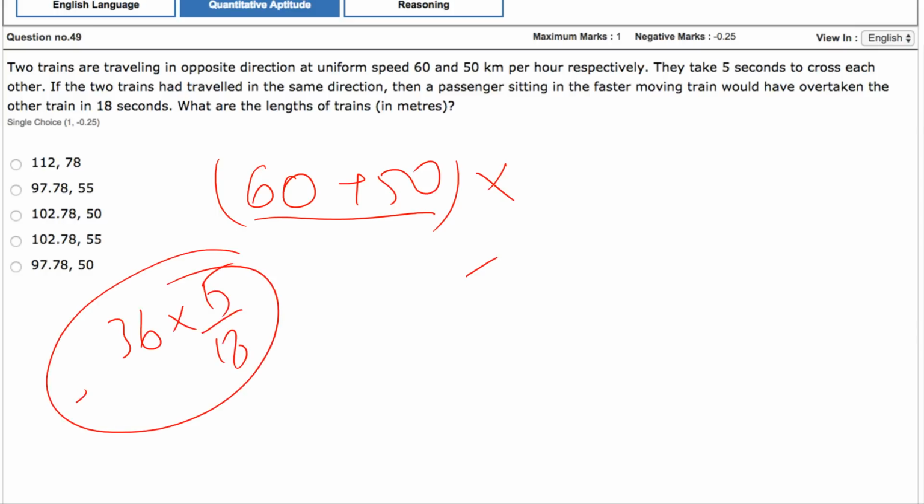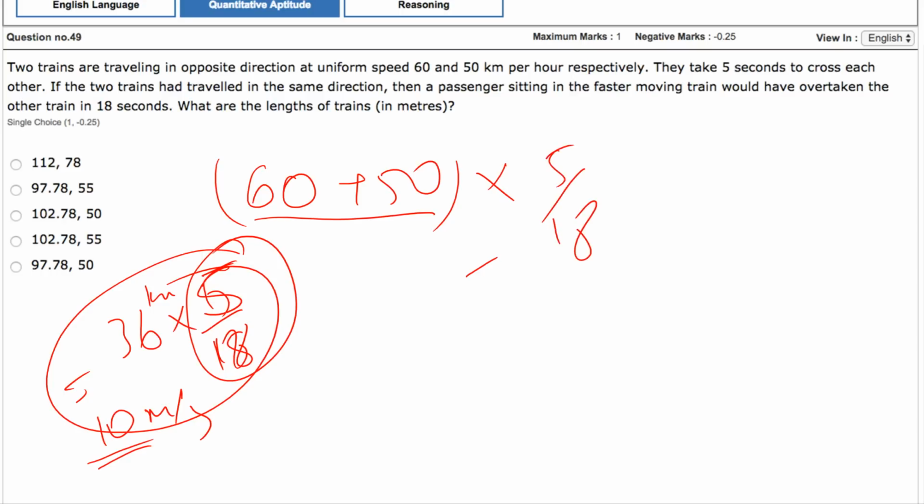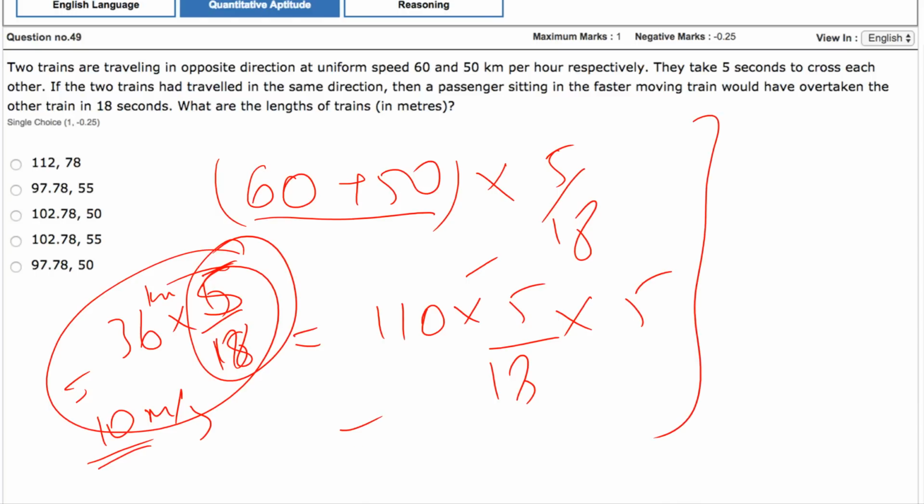I hope you remember this. You should always have this in your mind. 36 kmph is nothing but 10 meter per second. So kilometer per hour to meter per second, you should always remember this factor of 5 by 18. So this is 110 into 5 by 18 into 5 seconds. This is your length of train. I'll come back to it later.